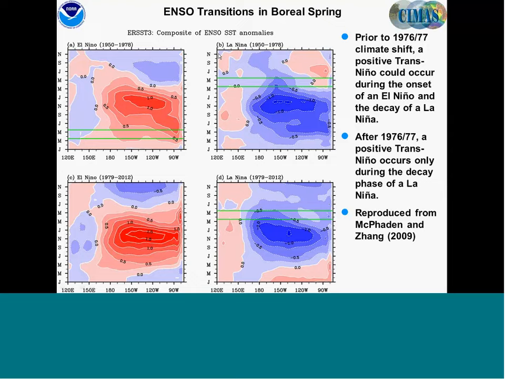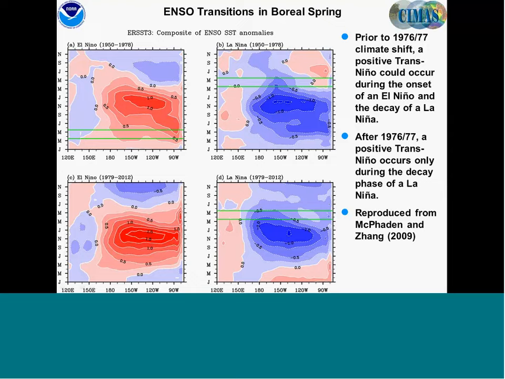So this is a composite of all the La Niñas between 1950 and 1978. You can see that this positive Trans-Niño pattern occurs when the La Niña is decaying. And you can also see this positive phase of Trans-Niño when the El Niño is developing.